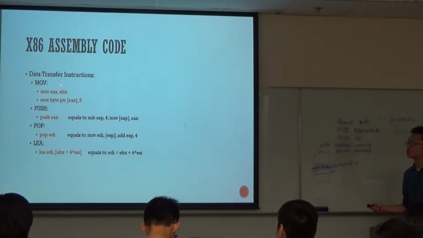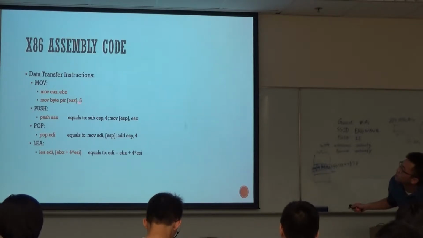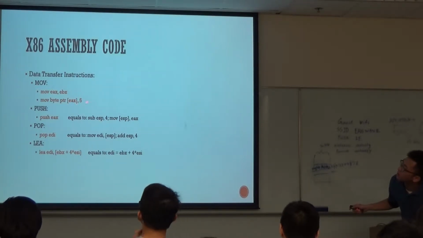For the data transfer instructions, there is move, like move from EBX register to EAX register, and what does this mean? It moves 5 to the memory pointed, the memory with address as EAX.